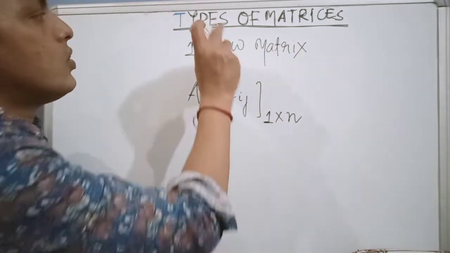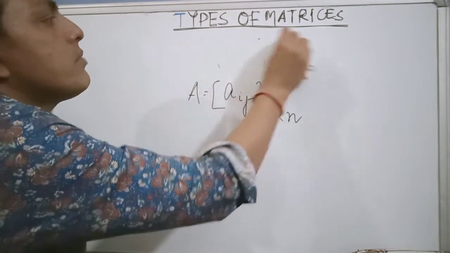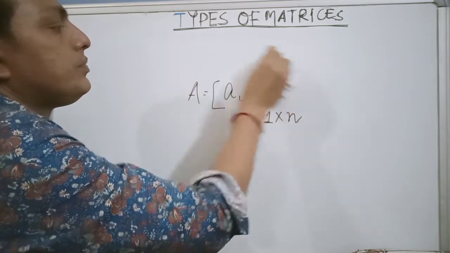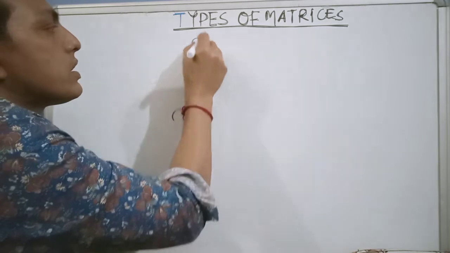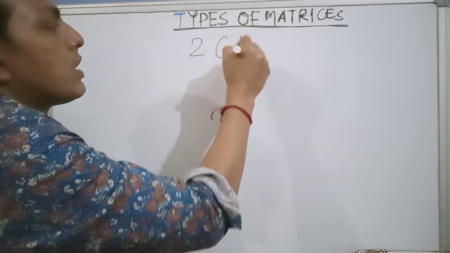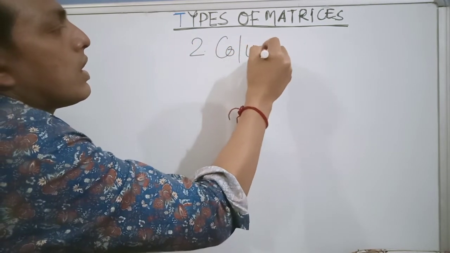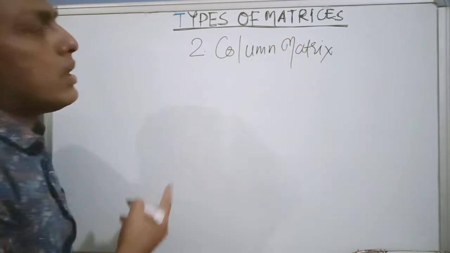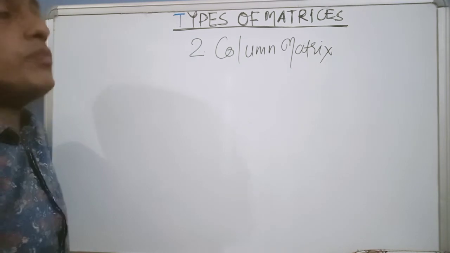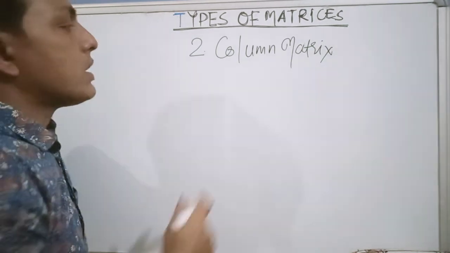Now, second matrix is column matrix. Again, the name of the matrix is column matrix.